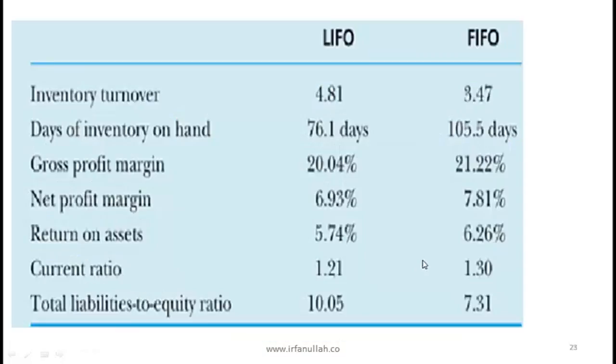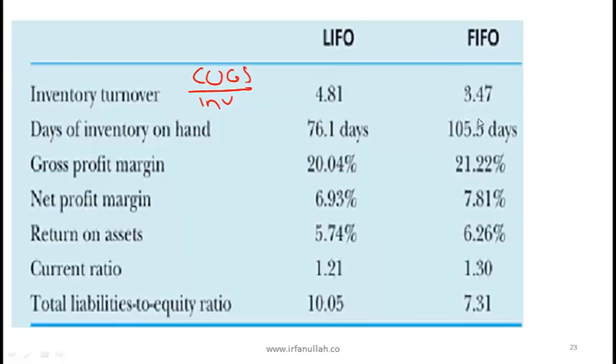Okay, and now the final point in this example. What is the impact on ratios? So what's the formula for inventory turnover? We've already done this. It is COGS divided by your inventory. It might either be average or end inventory. If you look at our numbers with LIFO, it is 4.81.